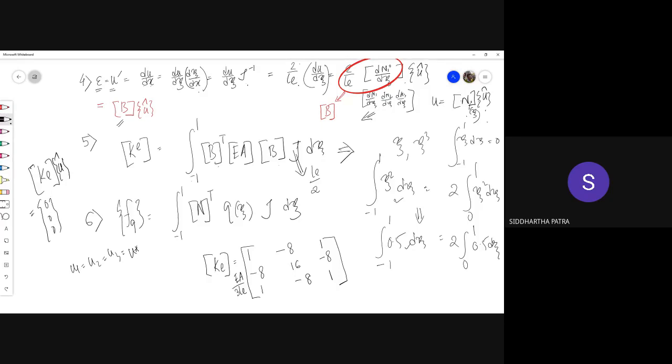That means if the bar rigidly moves along the x-axis, then no force should be generated, which means if you take any row, the sum of that row should be 0. Look at the second row. The sum of the second row is 0.